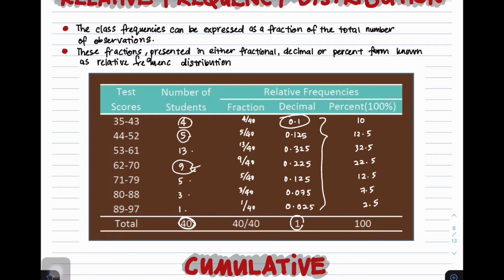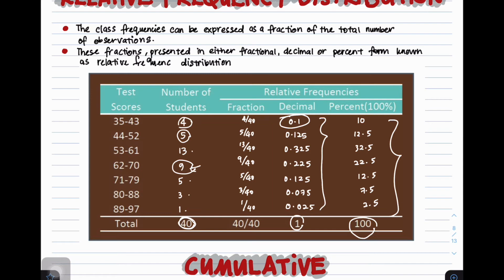For you to check whether the percent is correct or not, you just need to sum everything and get the total equal to 100. So let's sum it. 10 plus 12.5 plus 32.5 plus 22.5 plus 12.5 plus 7.5 plus 2.5, and the total is 100.